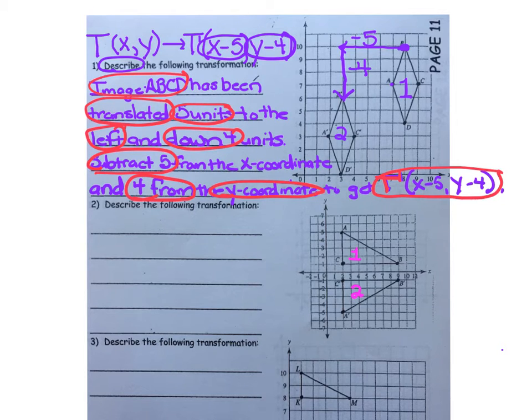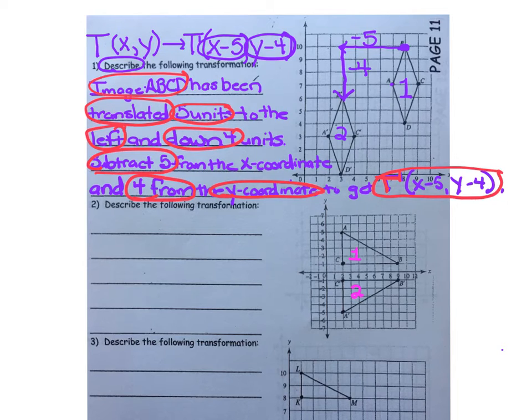Next, we notice that image 1 and image 2 are congruent. So we can eliminate a dilation. A dilation would change the image in size. And you can see from the diagram that these two images are exactly the same size. So forget about a dilation. Next, we notice that image 2 is not facing the same direction as image 1.